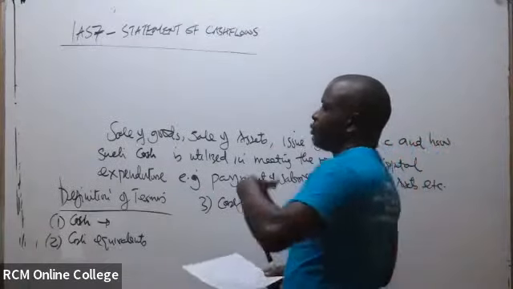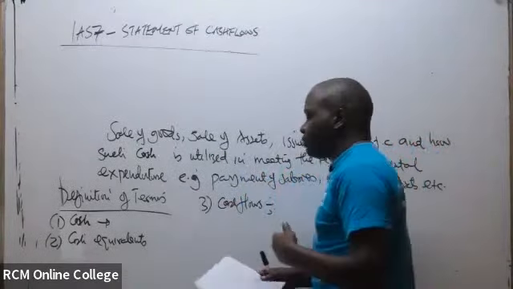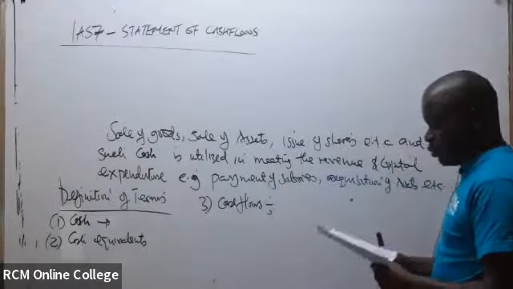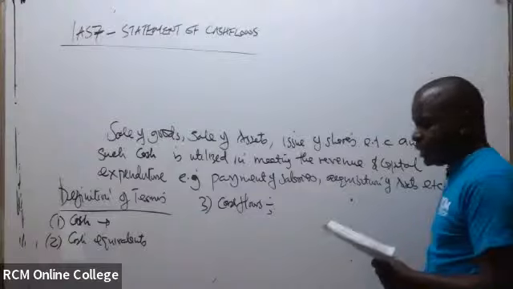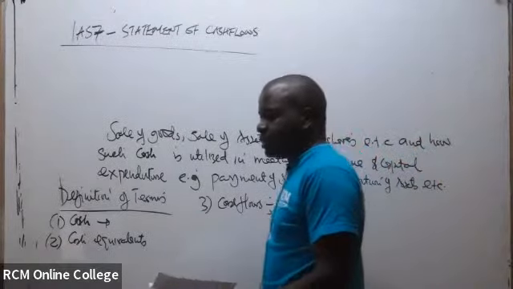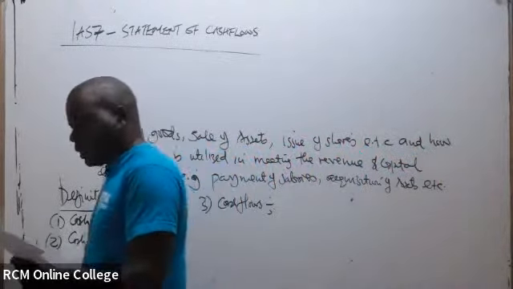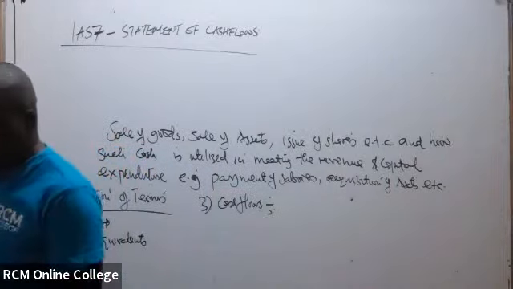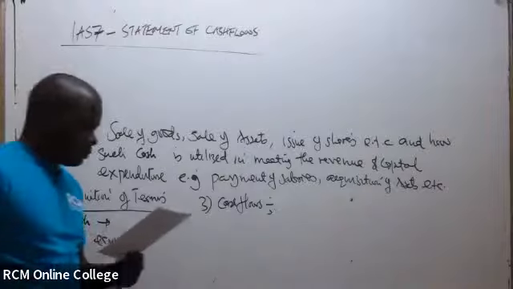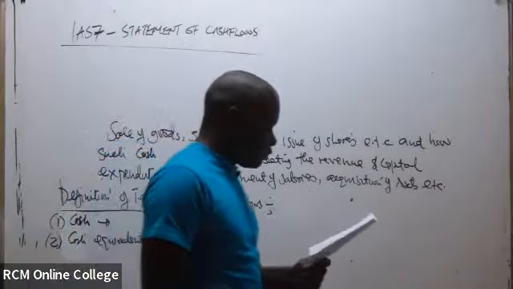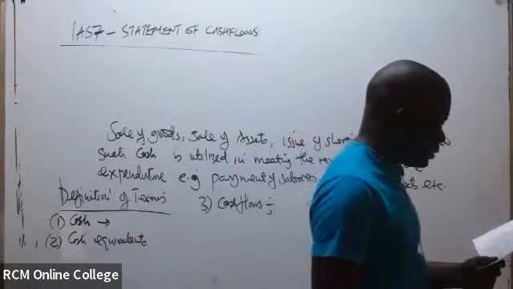So when they are coming in and going out, we refer to that process as what? As cash flows. These are inflows and outflows of cash and cash equivalents.